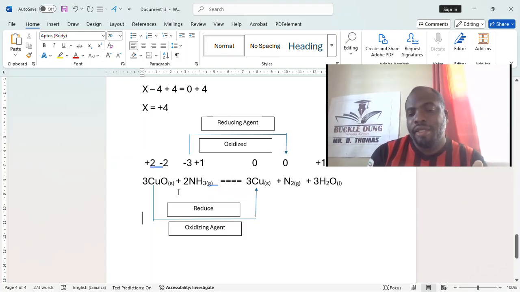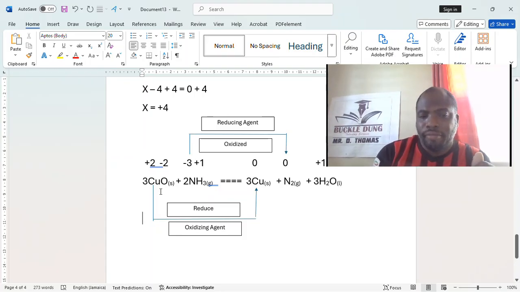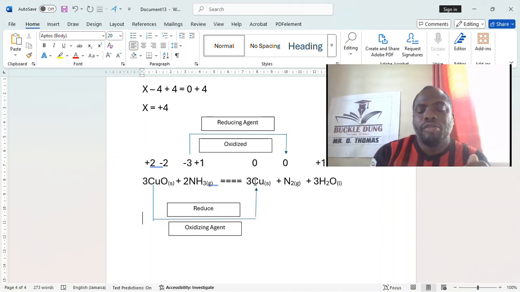So let's do it again here with the copper. Now, this copper is a +2, which means the ion was a 2 plus. But the copper is going back to the atom state, which simply means that in order for it to get back to that state, it would have to gain the 2 electrons.